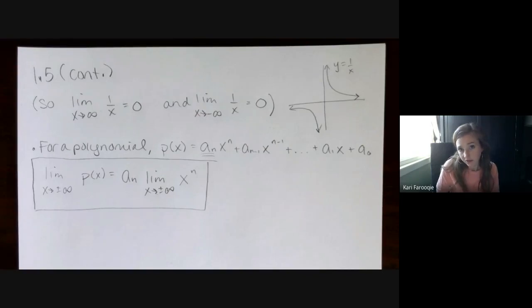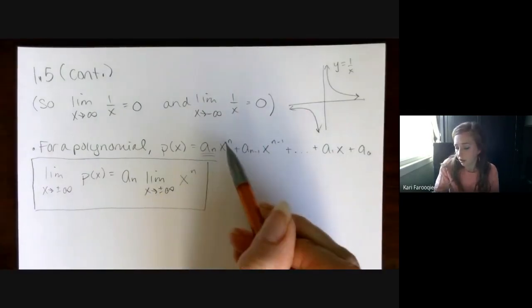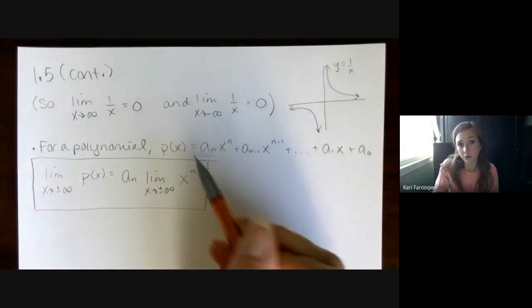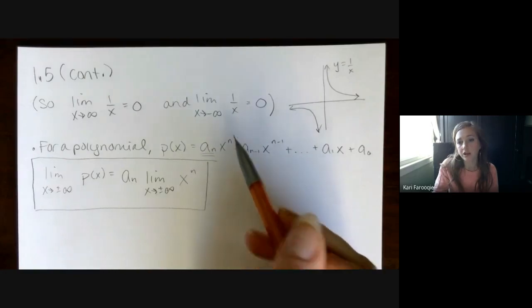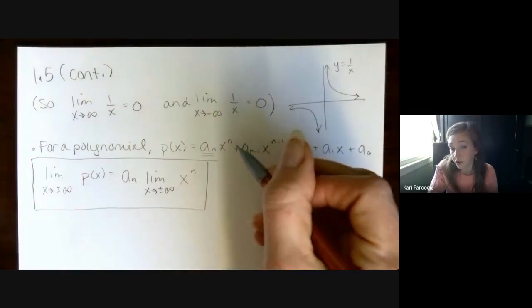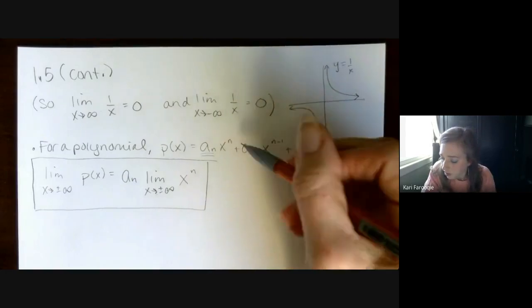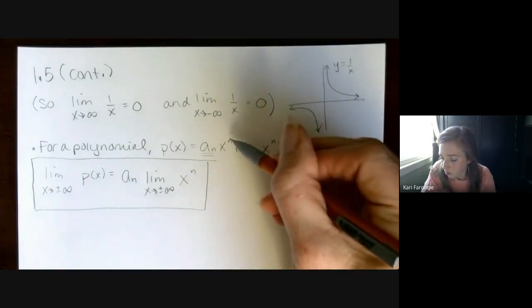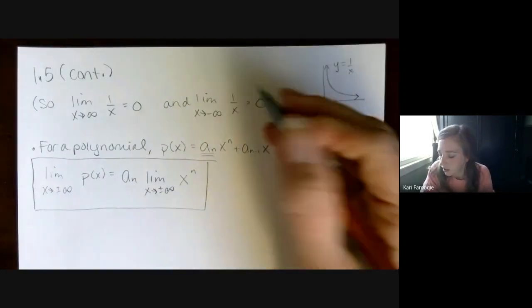Basically, what this limit is stating is that if you have some sort of polynomial, the only term that you're worried about is the leading term of the polynomial. That means the term that has the largest degree. Remember that the degree of a polynomial is just the largest exponent that you see on any term.